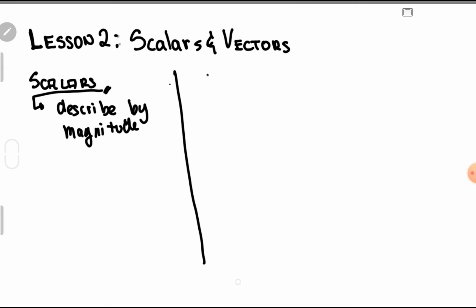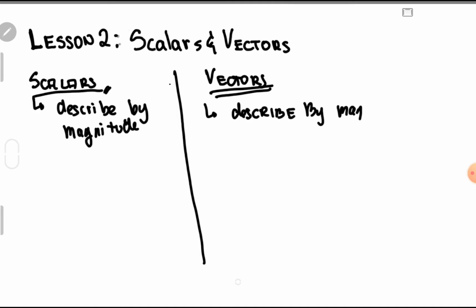While vectors are quantities that are described by magnitude and direction, which means that there are scalar quantities that can become vector quantities when you add direction.